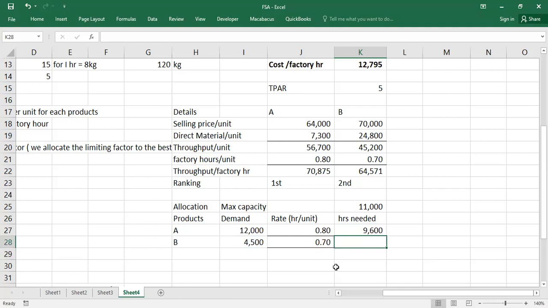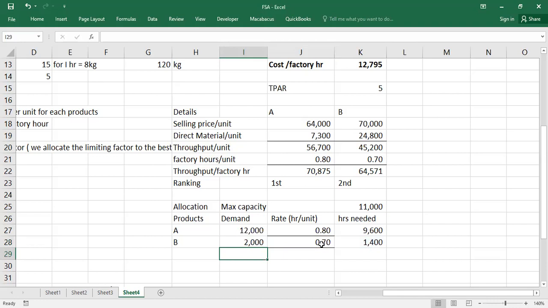You will say that how many hours are left? Okay, what is left is 11,000 minus 9,600. Now, then you ask yourself, how much do you need for a single unit? You need 0.7. This one is constant, doesn't change. However, so meaning that what I can produce can't be 4,500 anymore, but rather this divided by that.